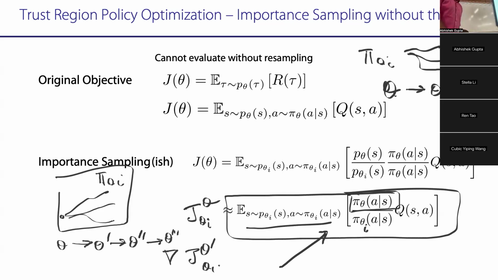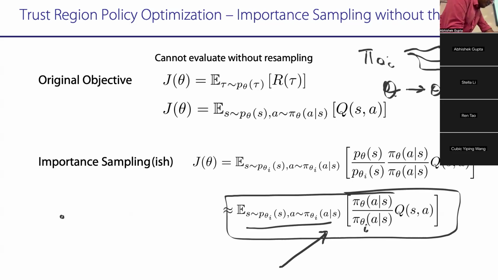That's a great question. The reason you can't just keep on taking gradient steps here is because you made this approximation that set this thing to 1. And why is it okay to set this thing to 1?